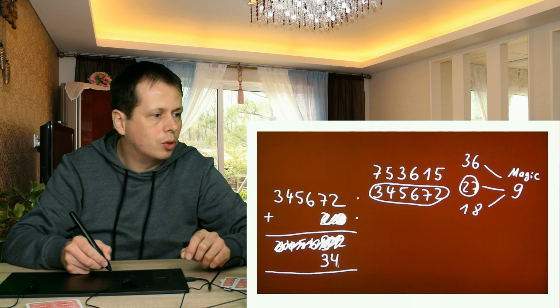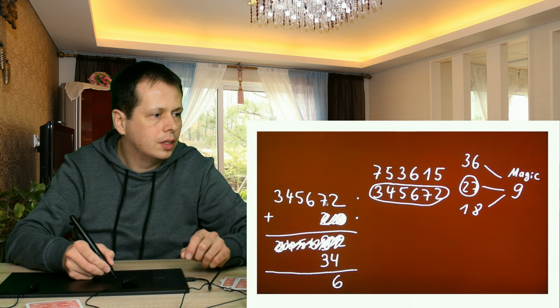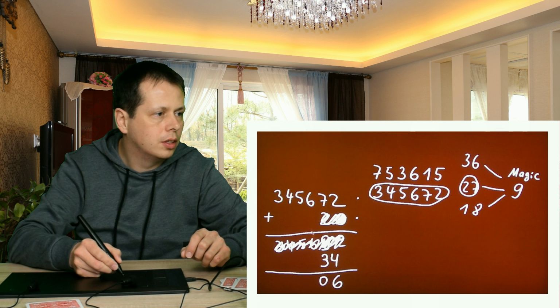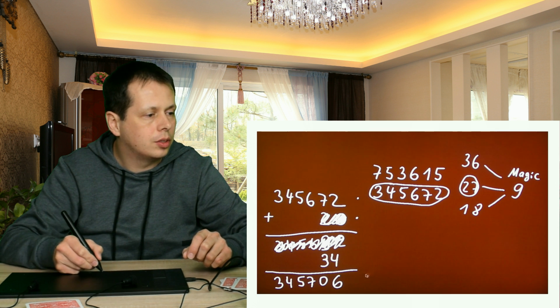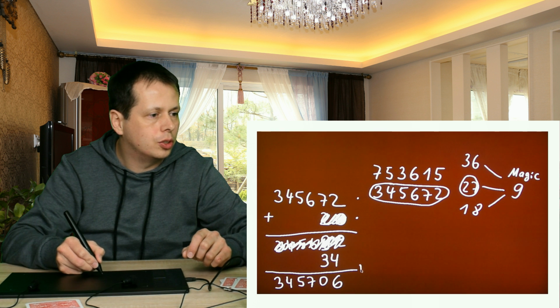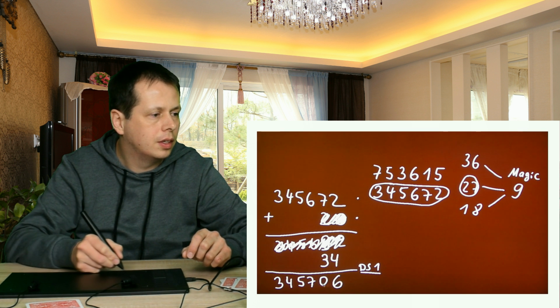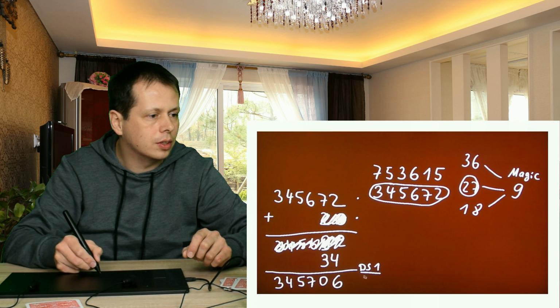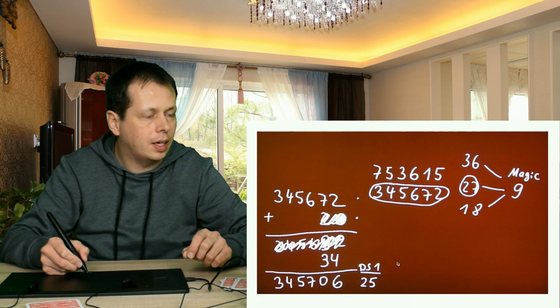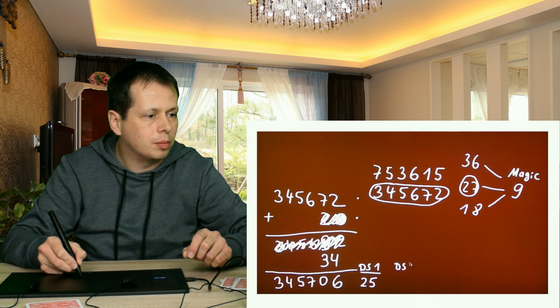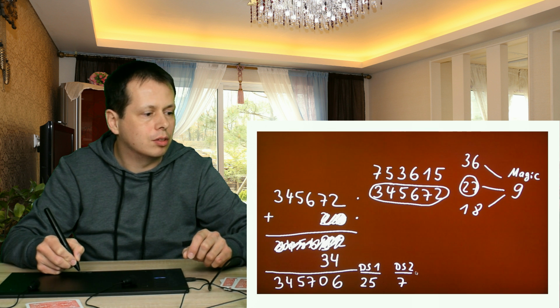Two and 4 is 6, 7 and 3 is 10, 1 here, the rest is the same, and we add this for the digit sum 1. 3 and 4 is 7, 7 and 5 is 12, 12 and 7 is 19, and 6 is 25, and digit sum 2 is 7.